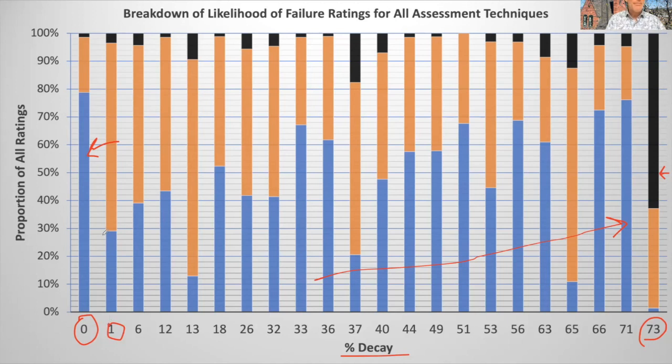And yet most people, 70% of the assessors, assigned it a possible or a probable likelihood of failure. Very few people, only 28%, assigned it an improbable. So this gives you a sense, again, that there are a lot of potential conflicting or confounding variables going on.